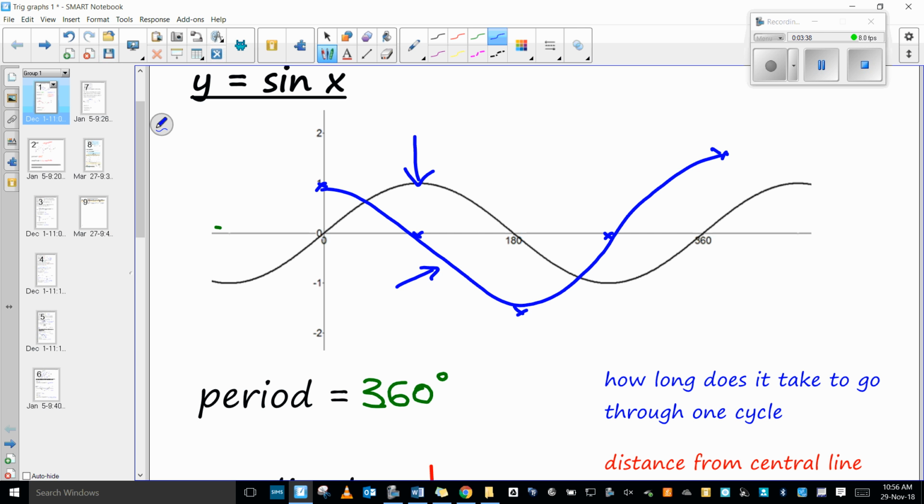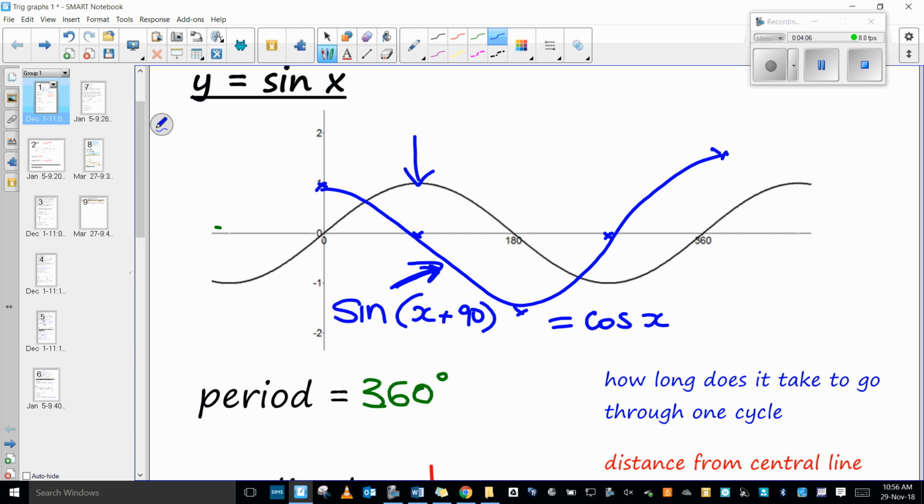So we could say that this graph here, the blue one, compared to this one, could be sine, because this is a sine, of x plus 90, because it shifted left 90 units. Are you with me? And so sine of x plus 90 is the same as cos of x.